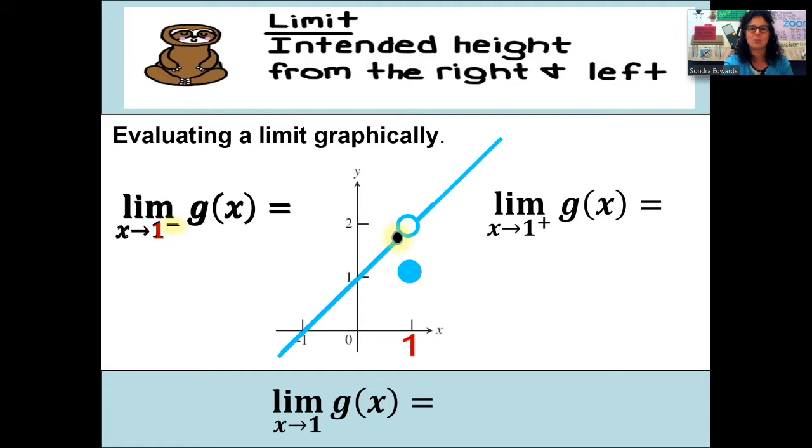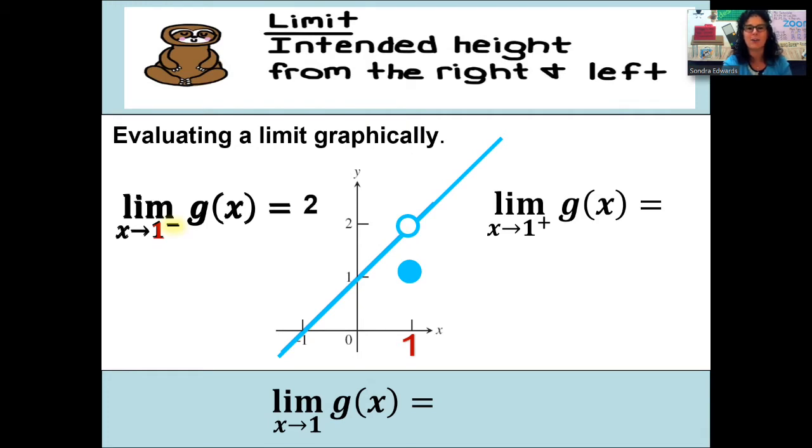Then I substitute in, let's say, 0.9. 0.9 is really, really close to 1 from the left side, and I get out a height of 1.9. So as we continue to choose x values really, really close to 1 and substitute them into the g function, the height is getting closer and closer to 2.